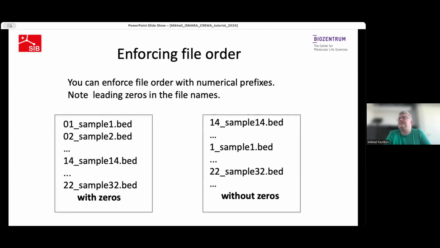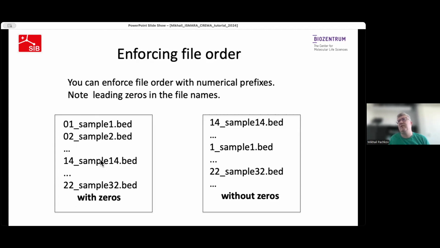All right. And the last thing: there is also a trick to enforce the desired sample order by using numerical prefixes in the sample names. On the left, I show a good example, where you have numerical prefixes and they follow the desired order. Please pay attention that there is a leading zero in the file name.